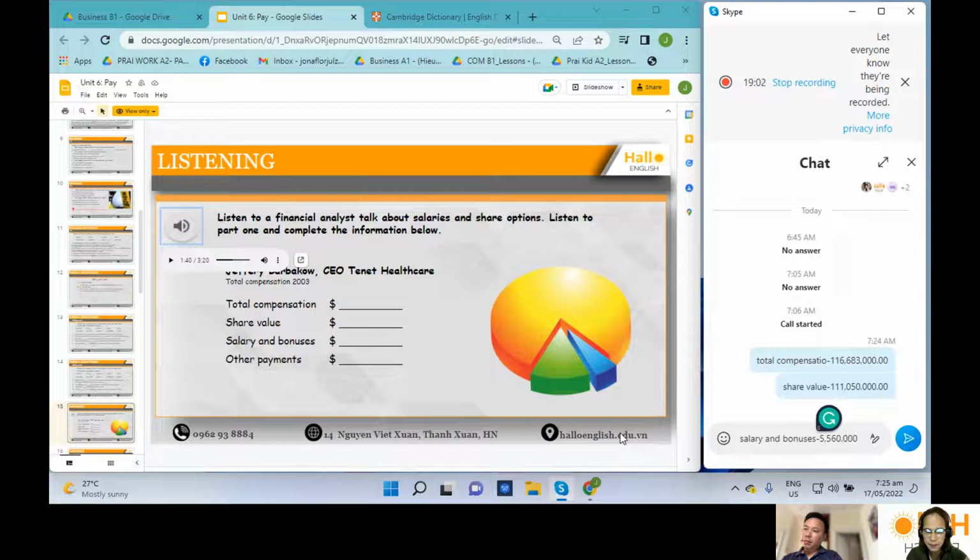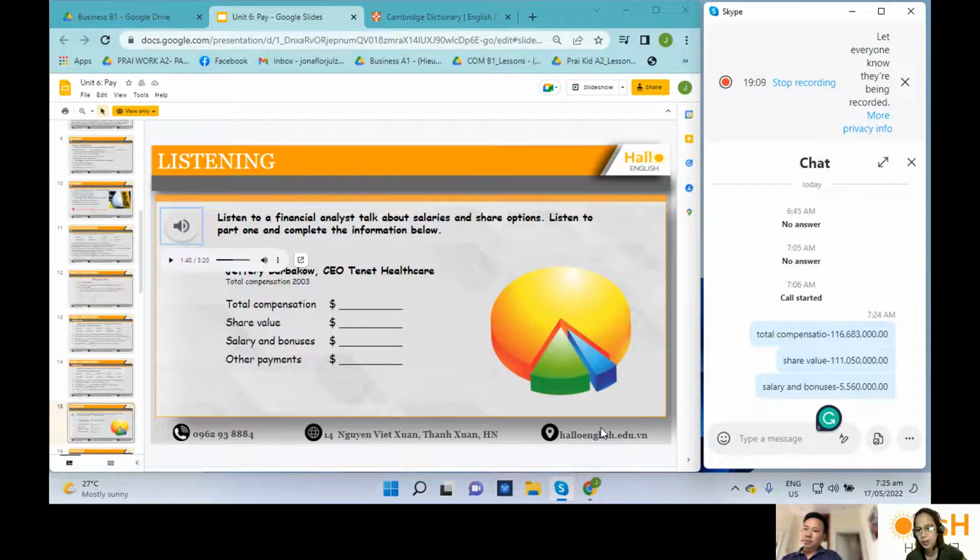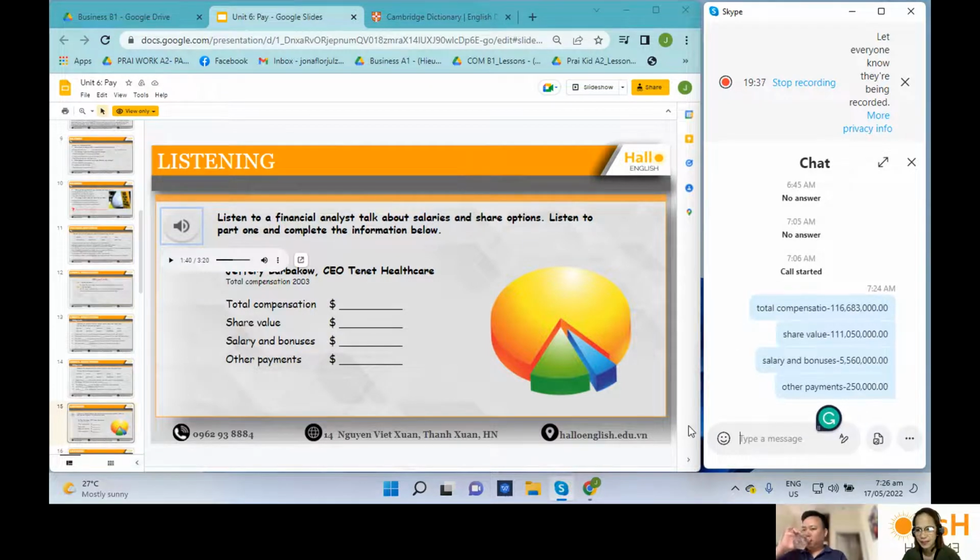Okay, so 5,560,000. The total salary and bonuses of 2003. Okay, how about other payments? Other payments, it's total of 250,000. 250,000 dollars. Okay.